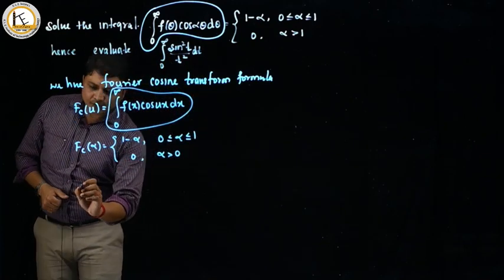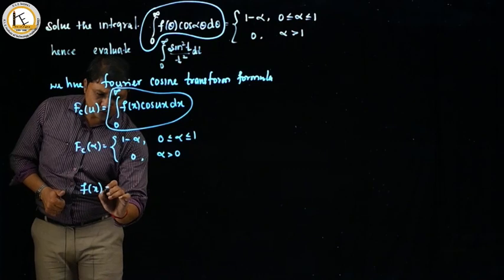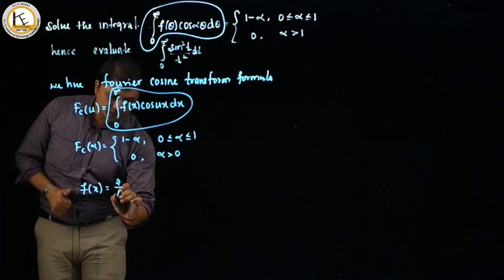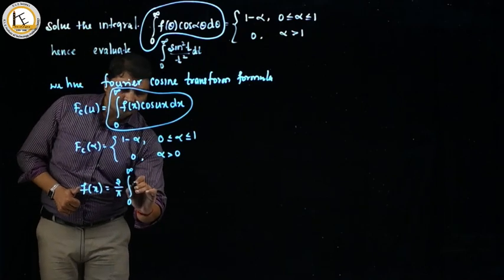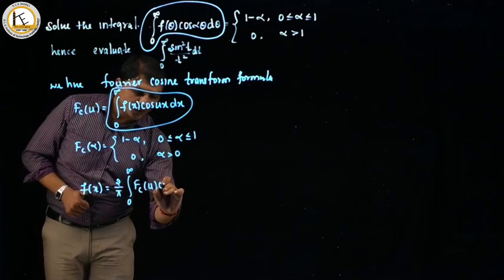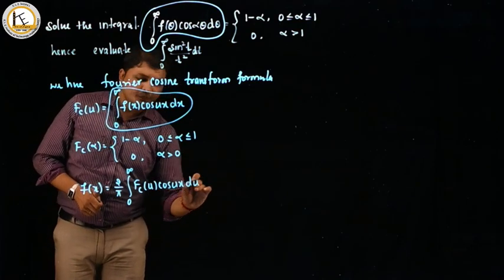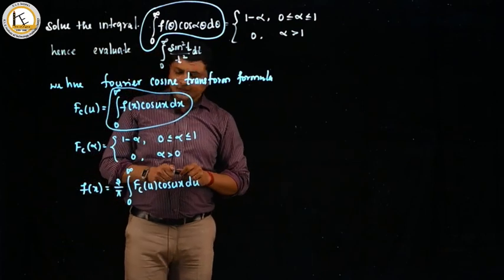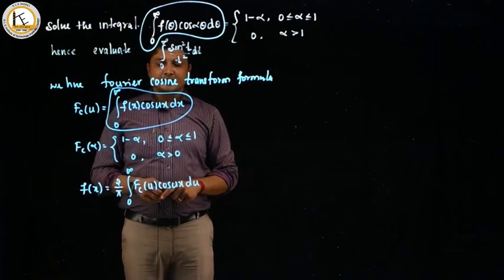So what is the inverse Fourier transform formula here? That is f of x equal to 2 upon pi integral 0 to infinity, Fc of u into cos ux with respect to u. This is the formula representing the inverse cosine transform.